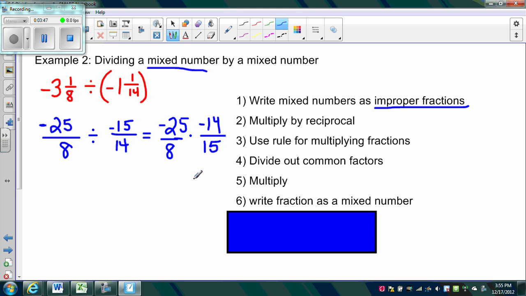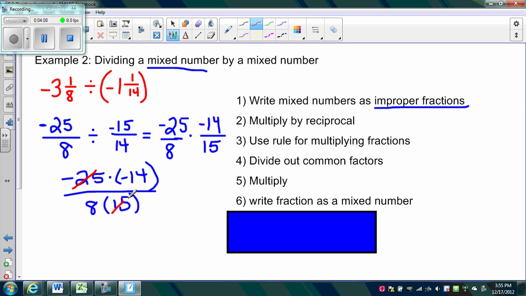If you brought it to the bottom, it wouldn't matter. It's going to cancel out in the end anyway. So -25 times -14 over 8 and 15.